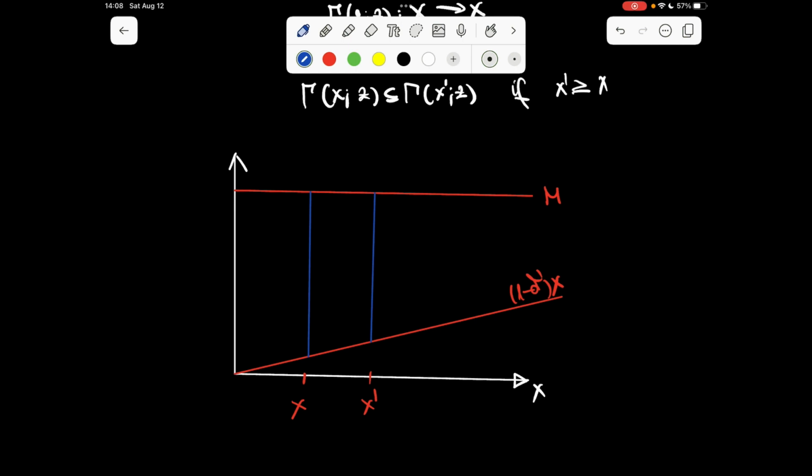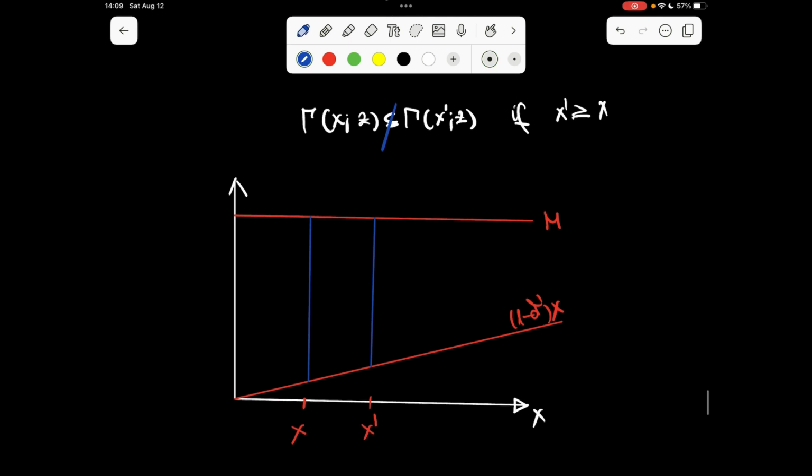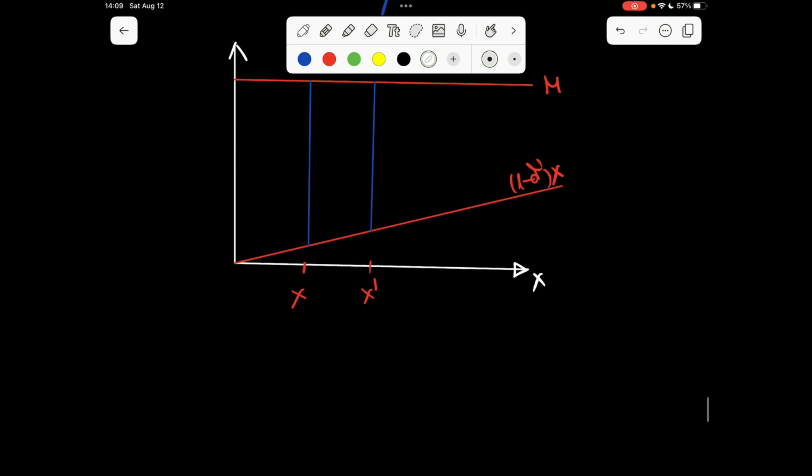So the correspondence gamma is not monotone in the required sense. So we cannot say that at a lower x, correspondence gamma is the subset of correspondence gamma valued at a higher x. So we need to find another way of showing that the value function v is strictly increasing.